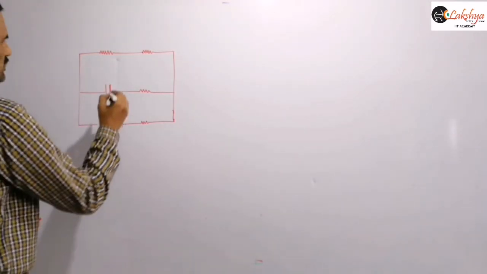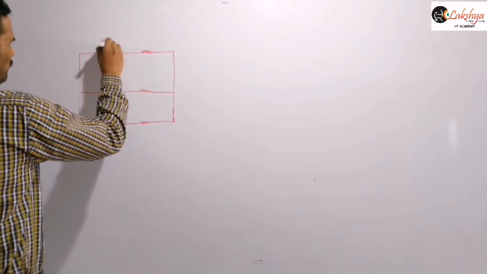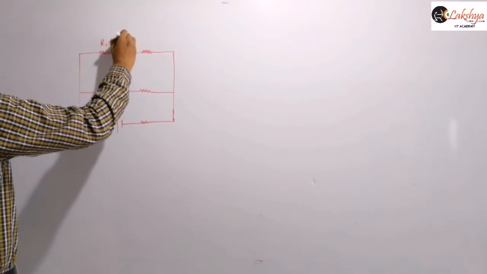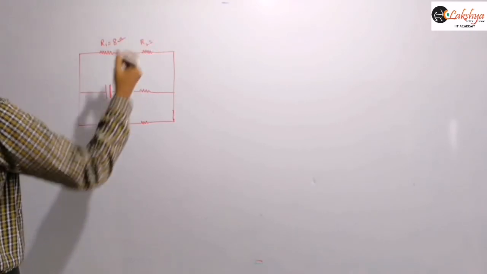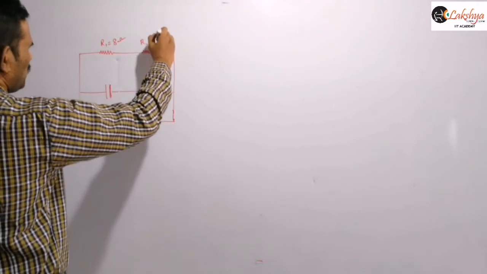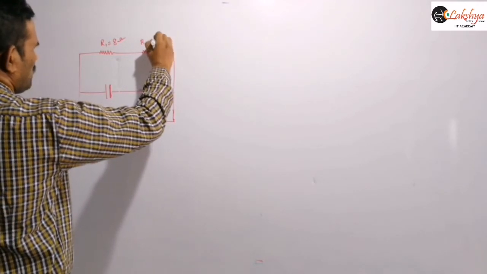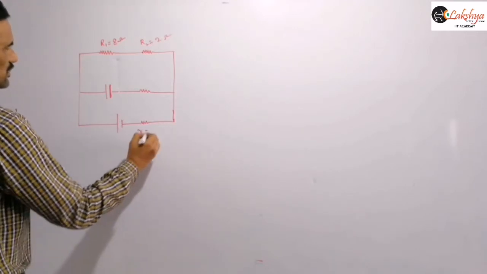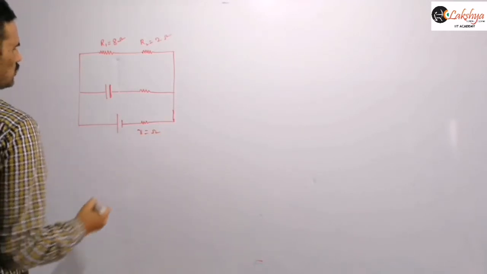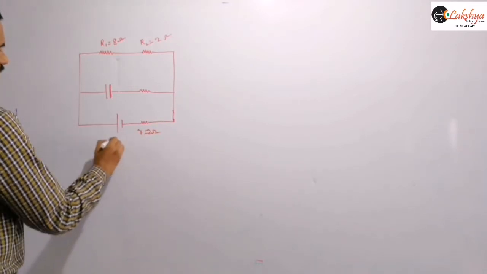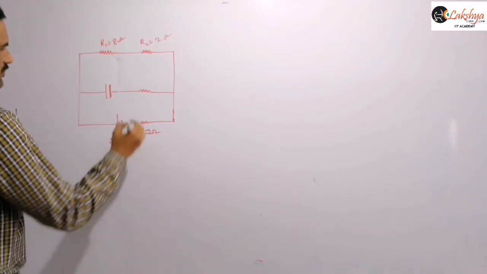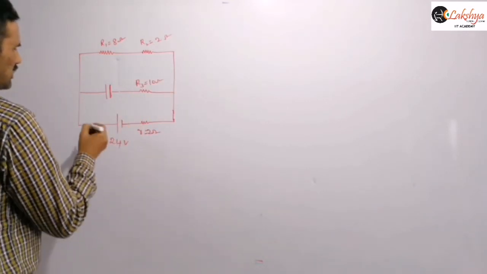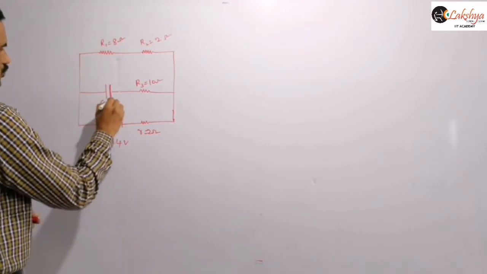Suppose I am taking this as R1, say 8 ohms, and this is R2, say 2 ohms, and the internal resistance of this cell, let us consider it as 2 ohms, and this cell is of 24 volts. And here R3 is 10 ohms, right? And this is a capacitor of capacitance, say, 2 microfarads.